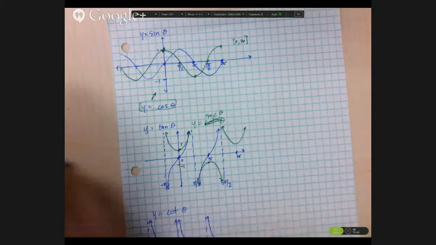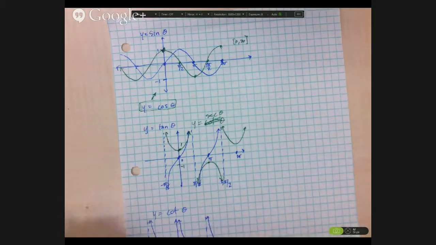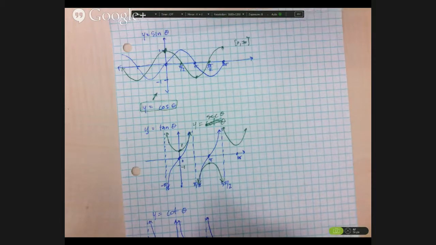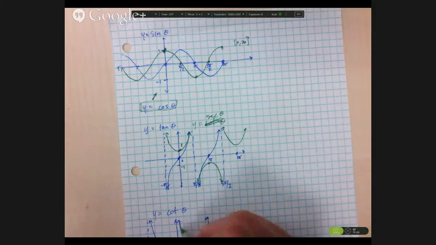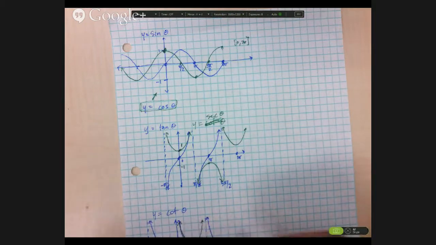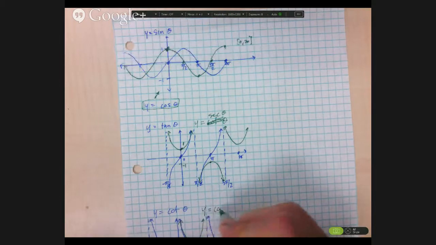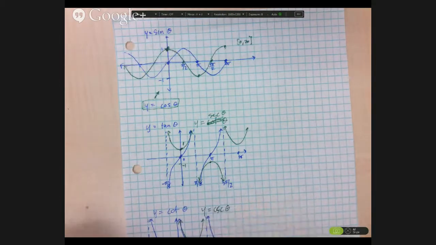That's cotangent. And then cosecant is the same issue as secant. Notice cosecant and secant have no zeros. If you can tell me why, I'll give you a bonus point in class. Okay.